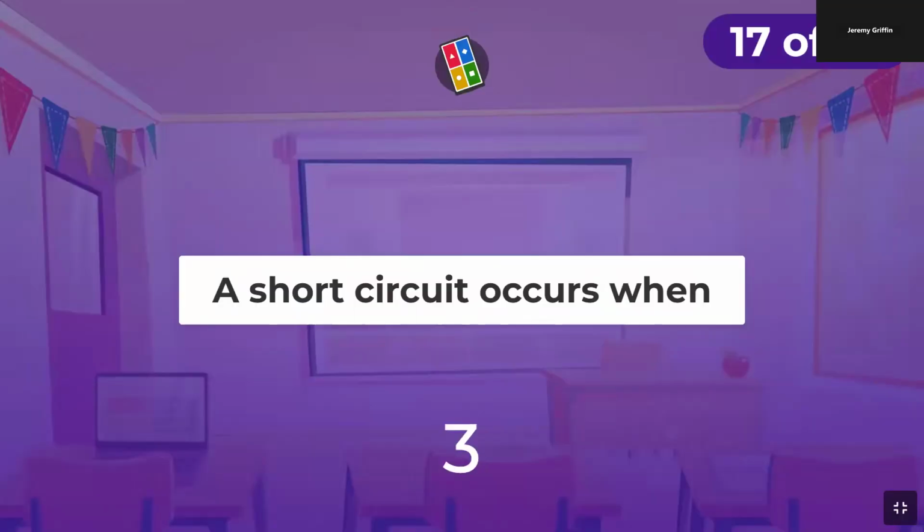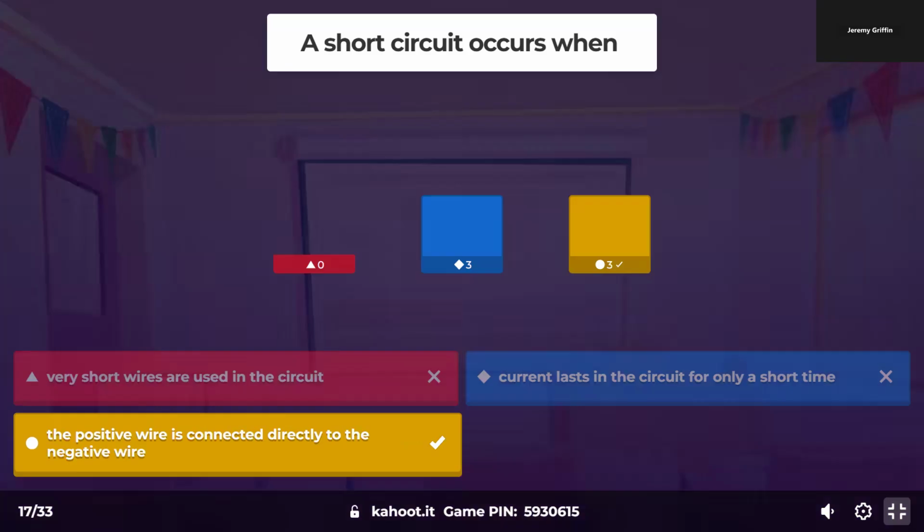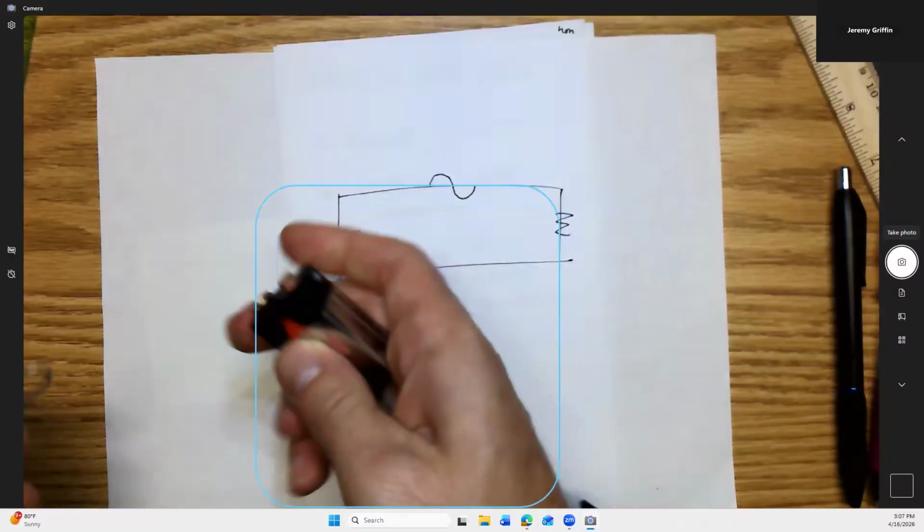A short circuit occurs when the positive is connected directly to the negative. Like this battery here, this paper clip.